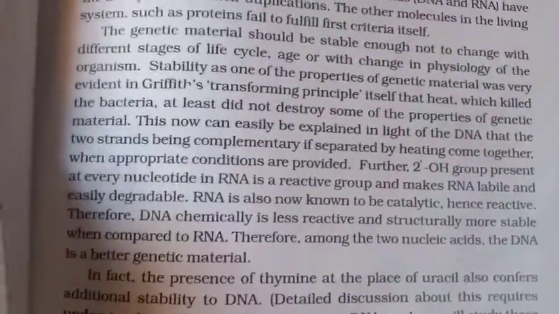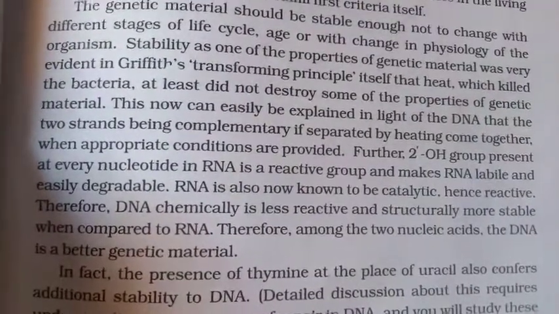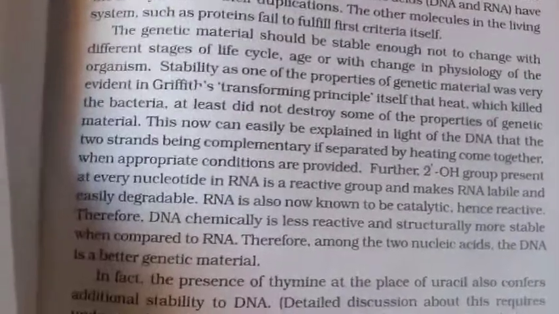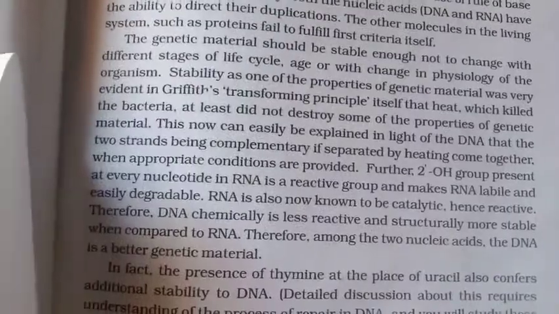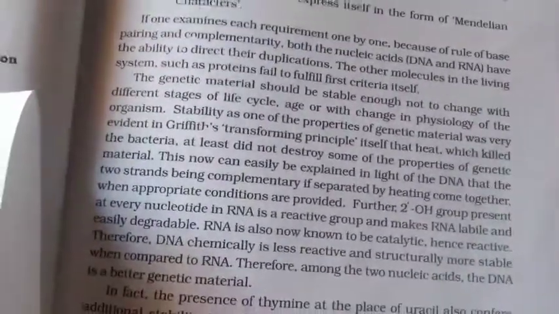Further, a 2' OH group present at every nucleotide in RNA is a reactive group and makes RNA labile and easily degradable. RNA is also now known to be catalytic, hence reactive, whereas DNA is highly stable.